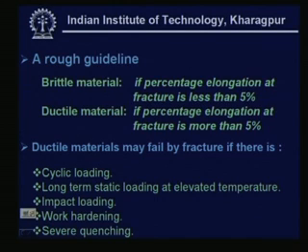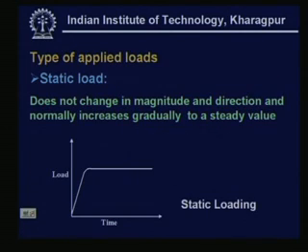Work hardening and severe quenching are some situations that occur. These are metallographic changes that take place, and the behavior of the ductile material could be like a brittle material. Well, we have considered the types of failures normally due to the applied load.